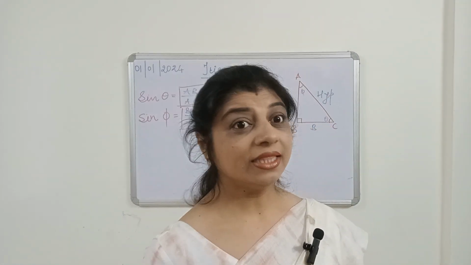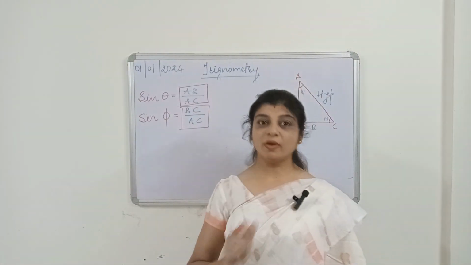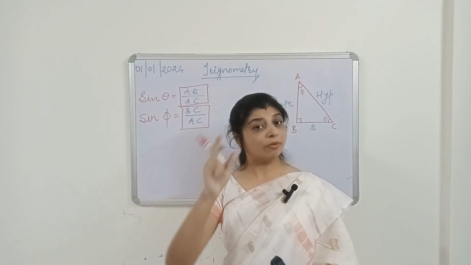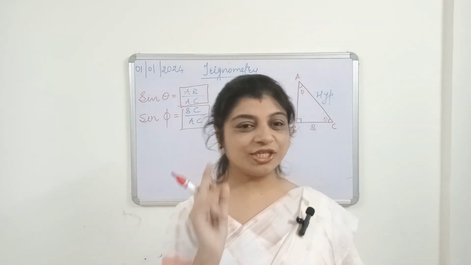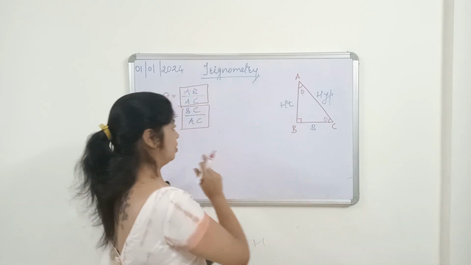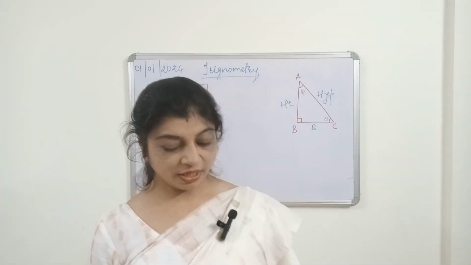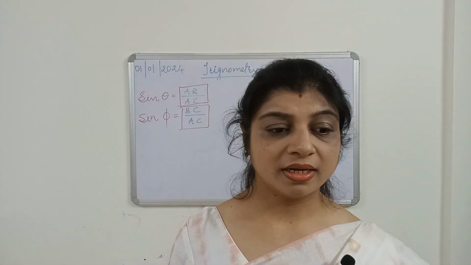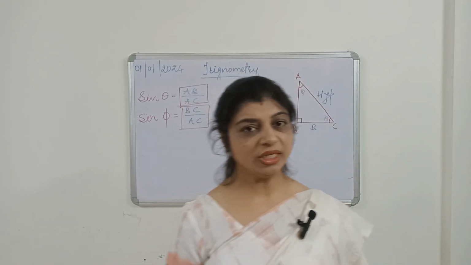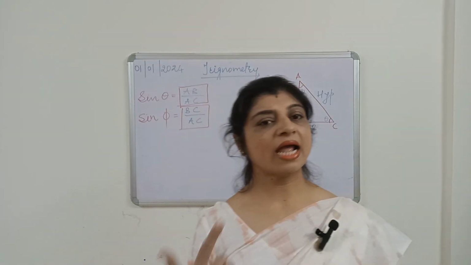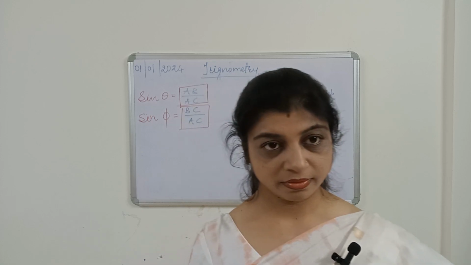So what does sine theta mean? It means opposite side upon hypotenuse, and always keep in mind that the moment the angle is changed, the ratio of the sides will change. Hope I made it very clear about the initial part of trigonometry, that was what is trigonometry and the trigonometric ratios.